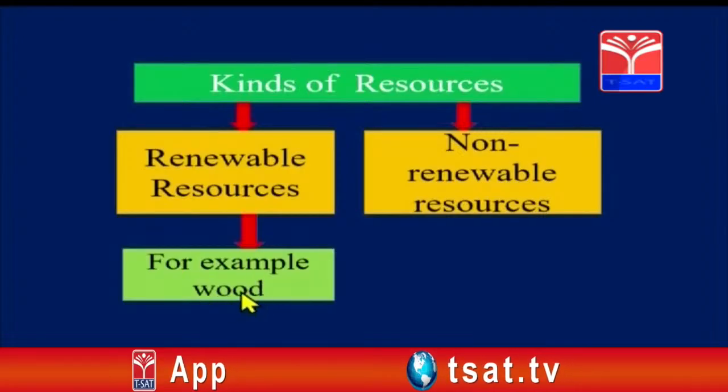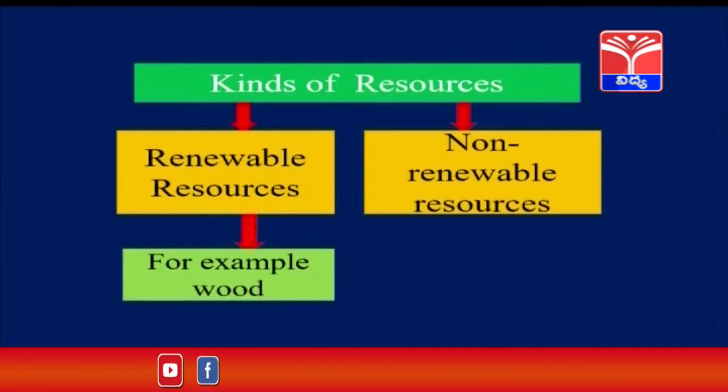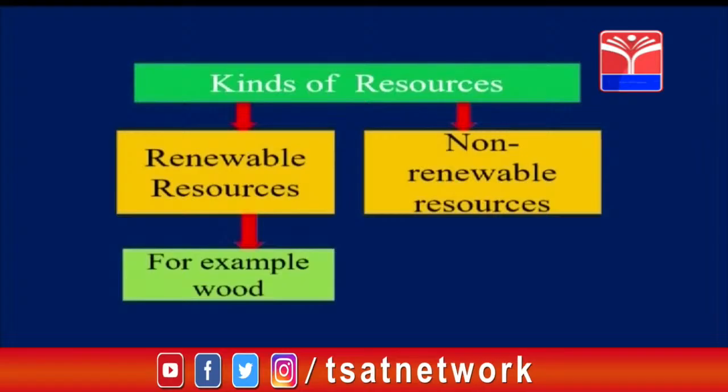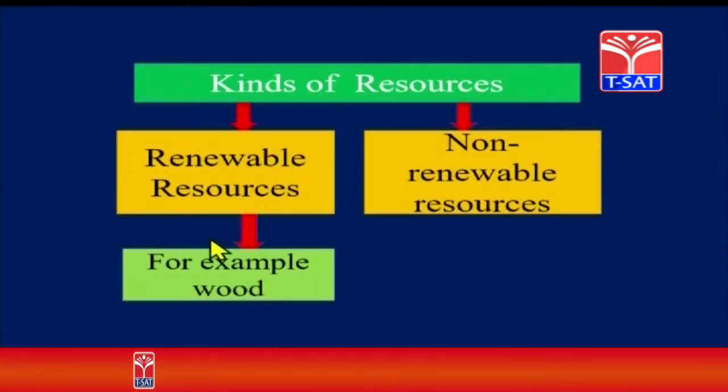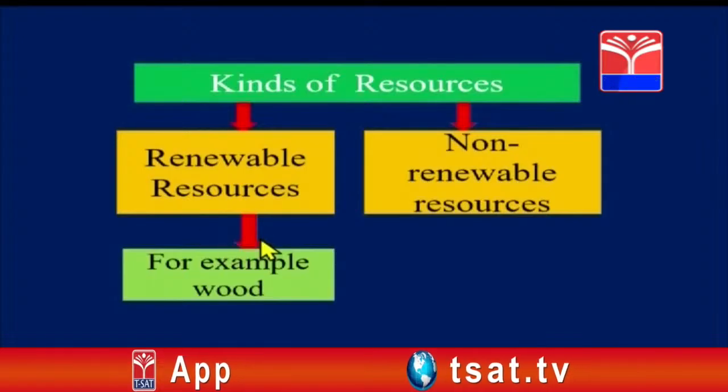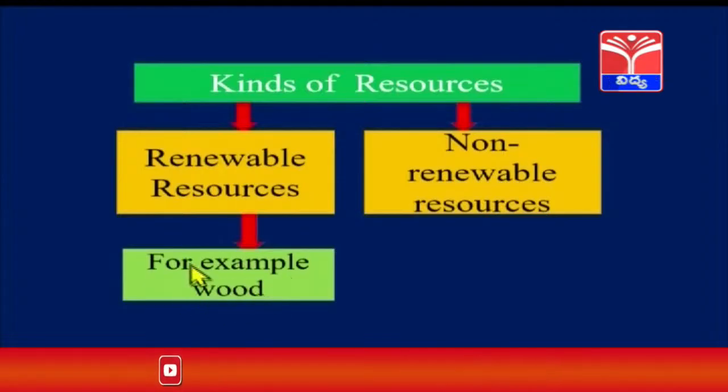How can we regenerate wood? Suppose if you cut a tree and plant another tree, there is a hope that you will get the same amount of wood which you have cut now after some years. That is, wood is getting regenerated.